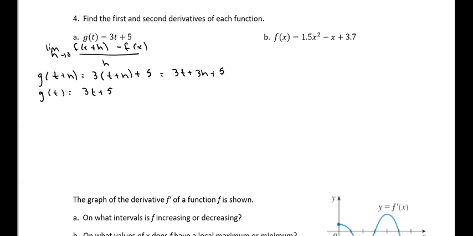So now we need to subtract these. Putting them into our formula, we would have our g of t plus h minus g of t all over h. So g of t plus h, that's this one. So that looks like the limit as h approaches 0 of 3t plus 3h plus 5 minus, and this will be all over h.